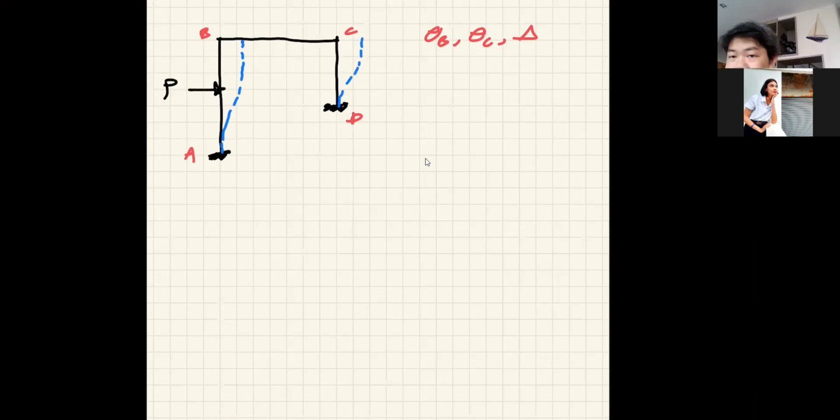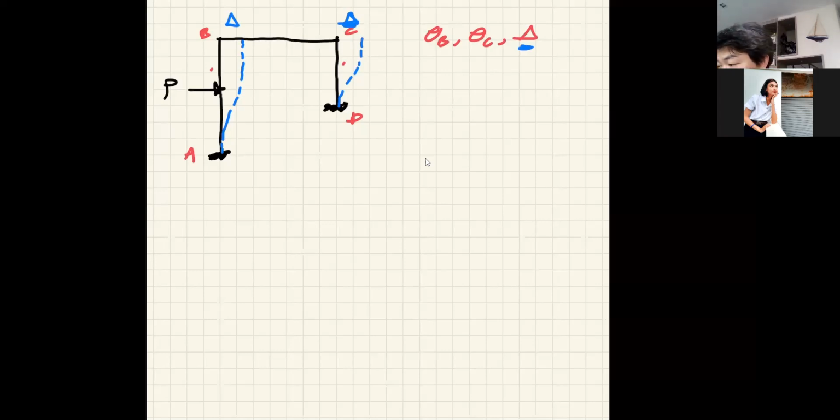But when you say your axial deformation is negligible, it means that this delta here must be equal to that delta. Okay? So you see that the delta is the same now, but these two members are not equal. They are of different lengths.